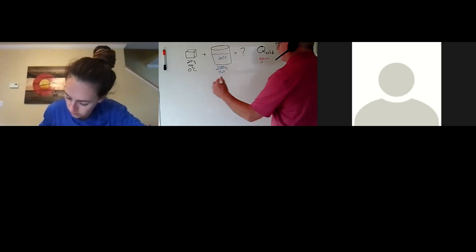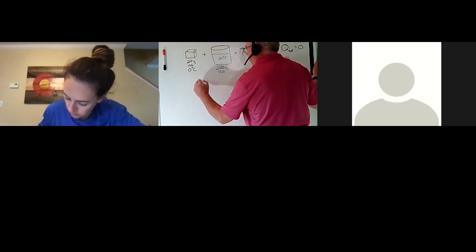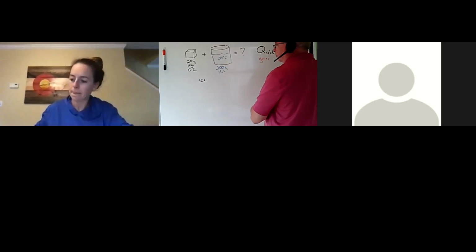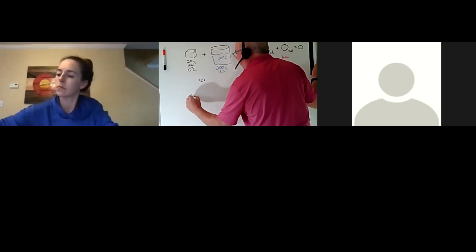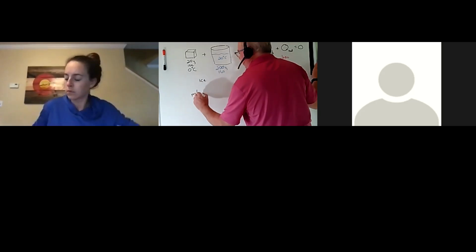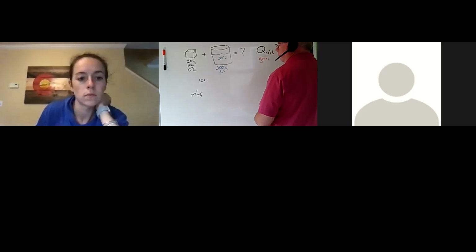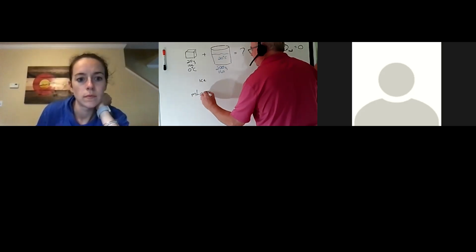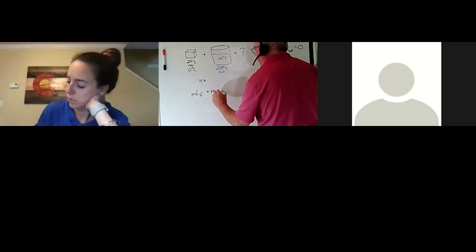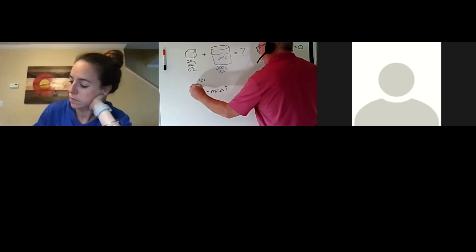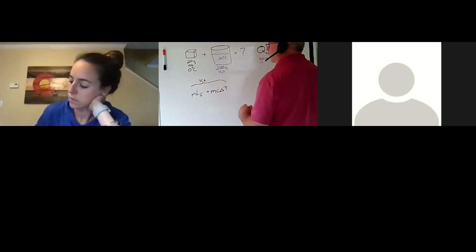So for the ice, we have two terms. We have M L F for the latent heat of fusion. And then we have an MC delta T. And like I said, all this is for the ice.